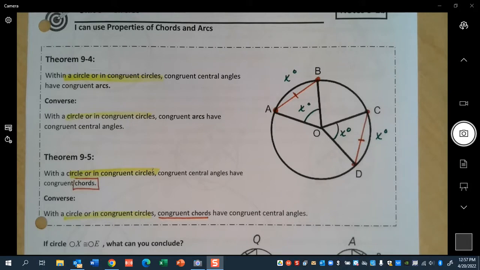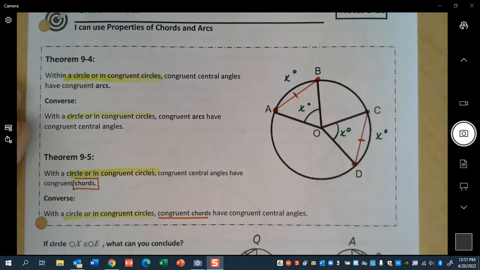But basically, you've got these three conversations: angles, arcs, and chords. If the angles are congruent, the arcs are congruent. If the arcs are congruent, the chords are congruent. If the chords are congruent, the angles are congruent. And you don't have to remember specifically which is the converse or which is what. Anytime that one of them is congruent to another part, they're all congruent.